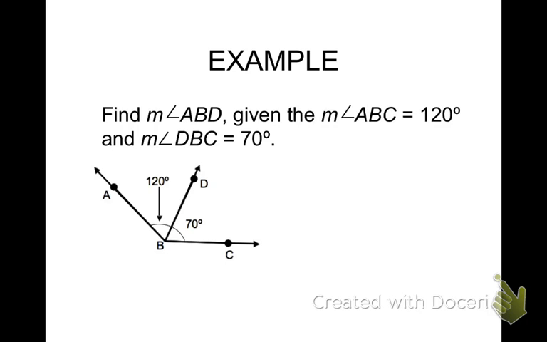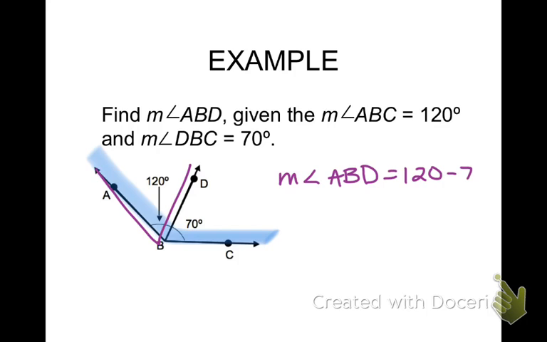If the whole thing is 120 degrees and angle DBC is 70 degrees, what would ABD be? You would subtract them to get 50. So the measure of angle ABD is equal to 120 minus 70, which is equal to 50 degrees.